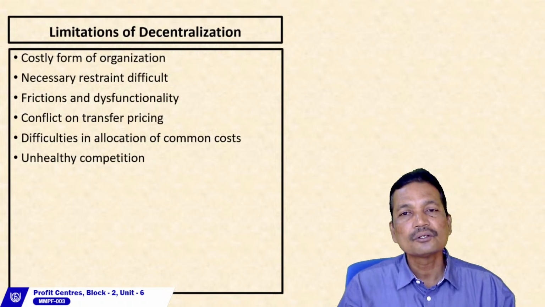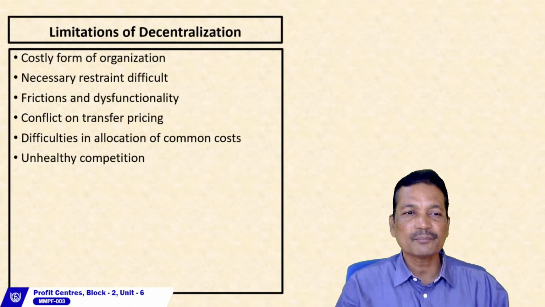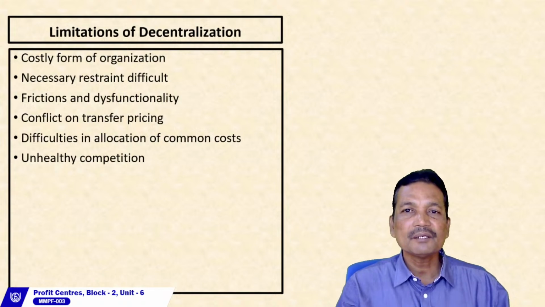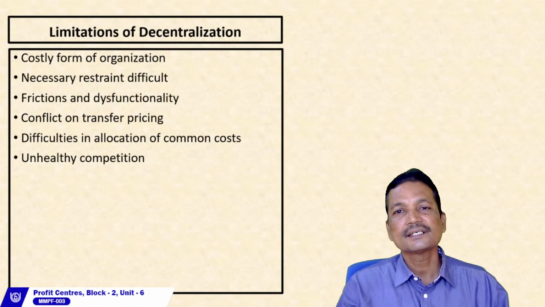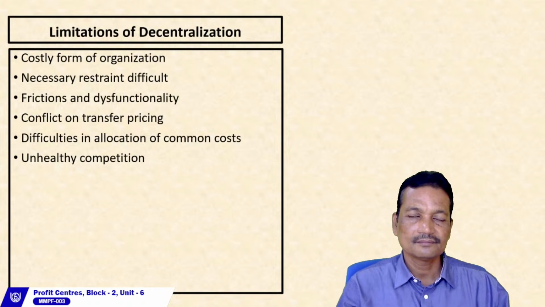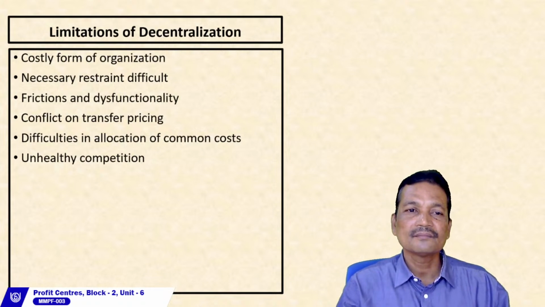So the profit center which is generating profits will have a friction with these non-profit generating divisions due to their, we can say, bad performance or dysfunctionality.